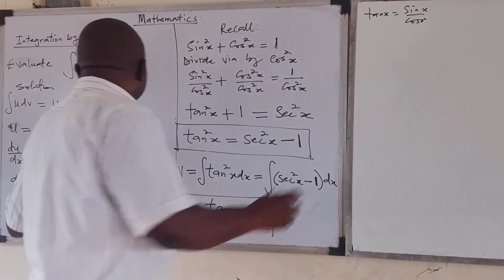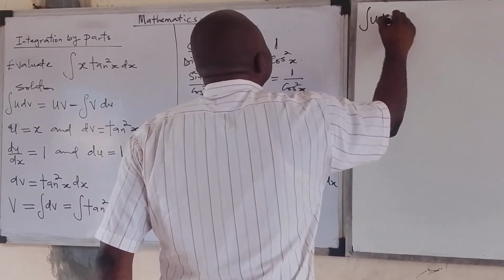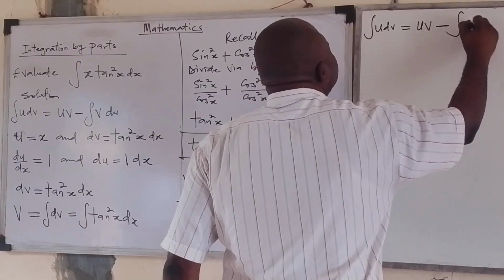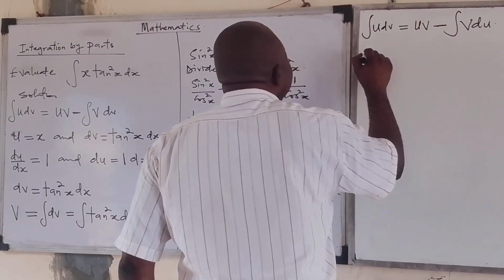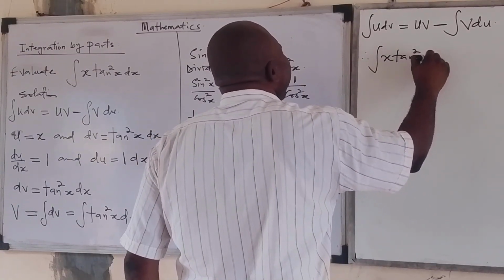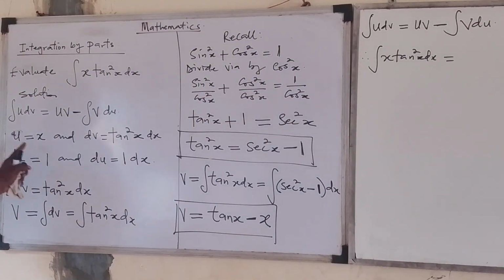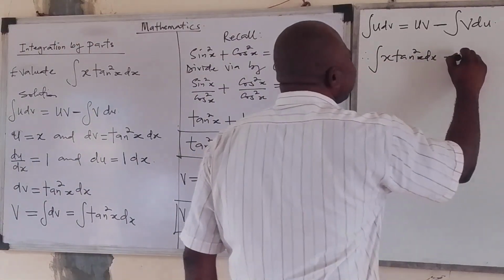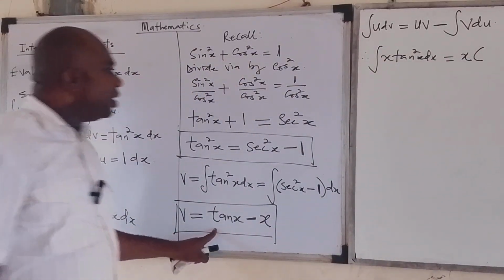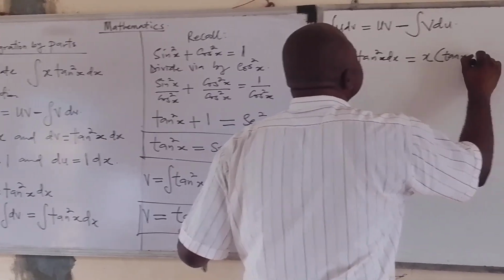So now we are saying that the integral of u dv is equal to uv minus the integral of v du. So the integral of x tan squared x dx will be equal to, the value of our u, remember we said let u be equal to x, so here we have x, and our v here is tan x minus x.